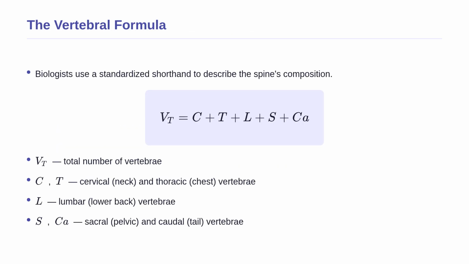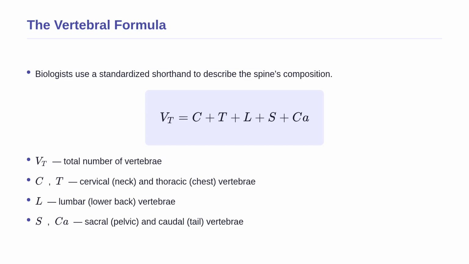This brings us to how we actually measure and compare these central pillars across different species. Biologists use a mathematical representation called the vertebral formula. Conceptually, this formula is just a standardized shorthand that breaks the spine down into its distinct anatomical regions. The formula states that VT, the total number of vertebrae, equals C plus T plus L plus S plus CA.